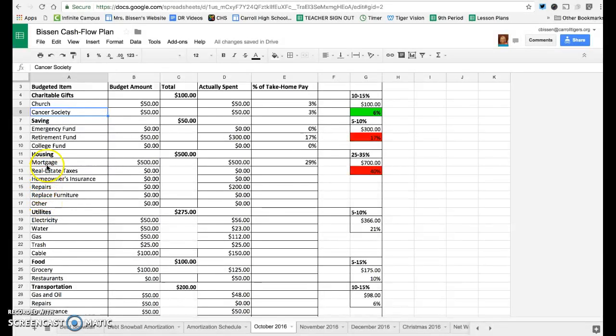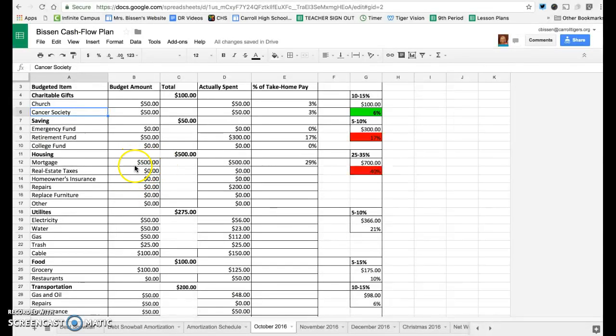Housing: if they decide to rent their home, then this would be rent, and they wouldn't have real estate taxes, and they would have renter's insurance. But if you own your home, you'd have a mortgage, taxes, and homeowner's insurance. You can see for mine, when I did my example, because I have a mortgage, I talked about how you can escrow, so you don't really pay your insurance and taxes as a separate bill each month.